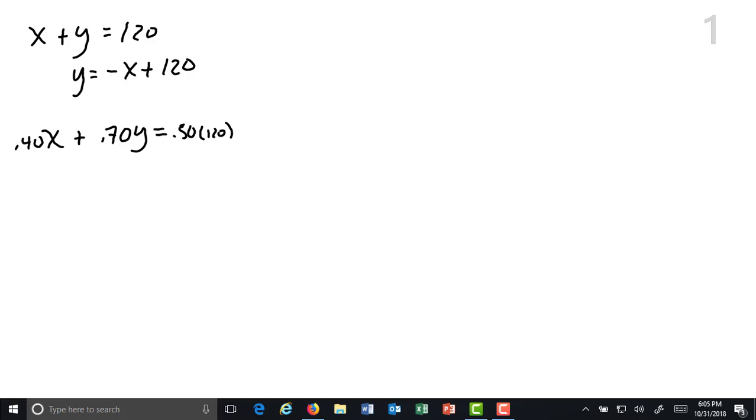So, if I multiply everything by 100, right? I would have 40x plus 70y equals 50 times 120. Is that right? Okay, so now this side, I have 50 times 12.